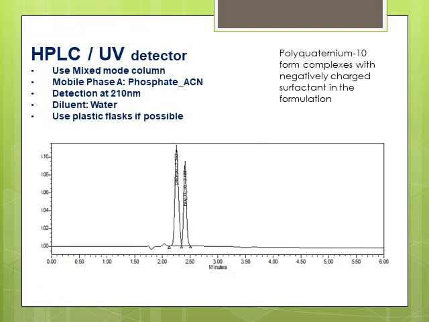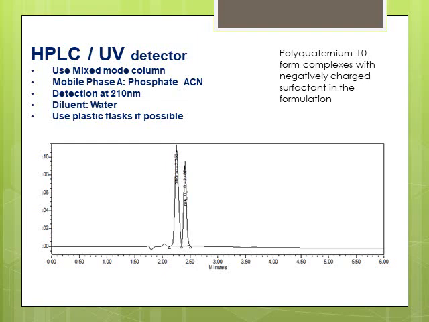The next method is HPLC with the UV detector. Now the conditions here: the column was a mixed mode column, that had hydrophobic and hydrophilic stationary phase. Mobile phase is phosphate and acetonitrile, isocratic. Detection is done at 210 nanometer, and diluent is water. There are two peaks here in this chromatogram.